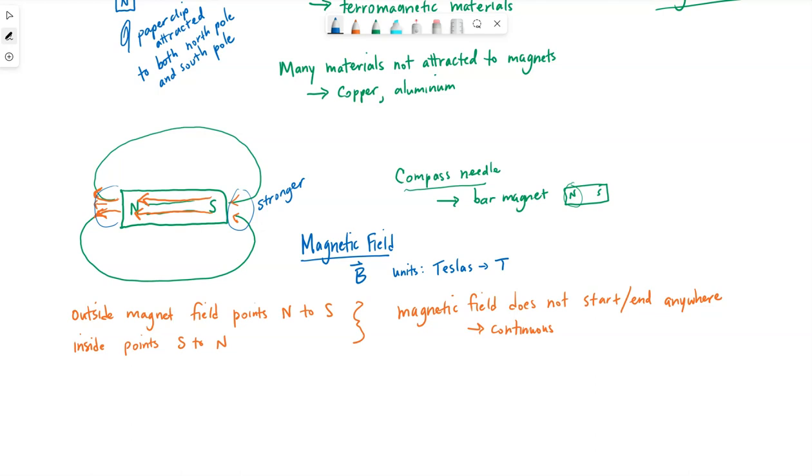One full Tesla is actually a very strong magnetic field. Earth's magnetic field is around 50 microteslas.